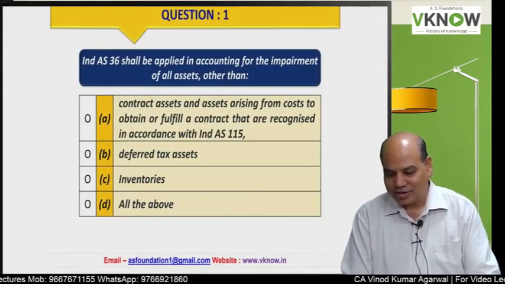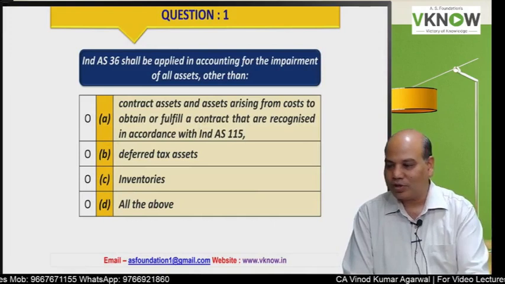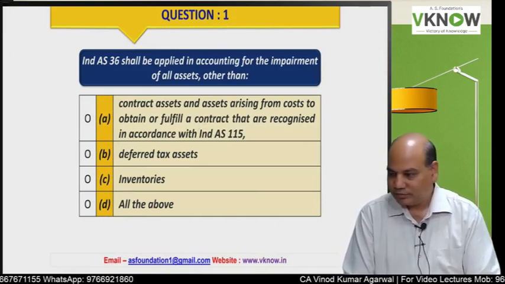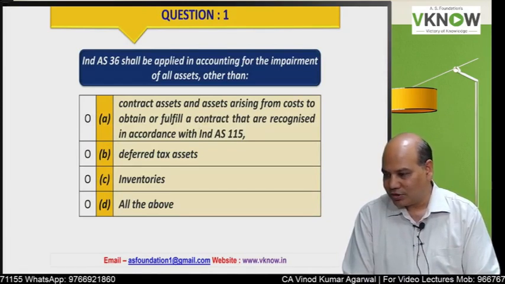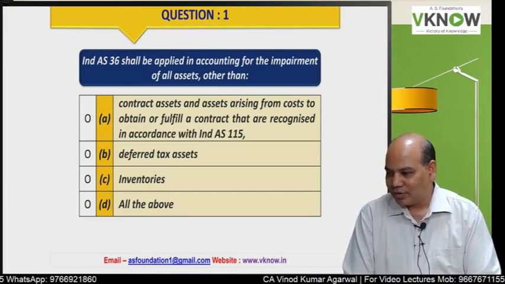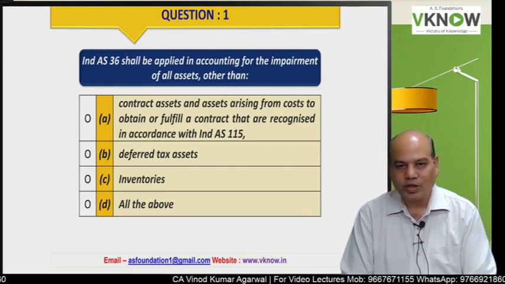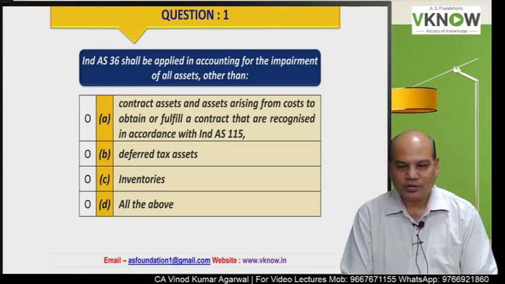Ind AS 36 shall be applied in accounting for the impairment of all assets other than. So there are four choices. One of them is not under the scope of the standard. Which one? Contract asset and asset arising from cost to obtain or fulfill a contract.